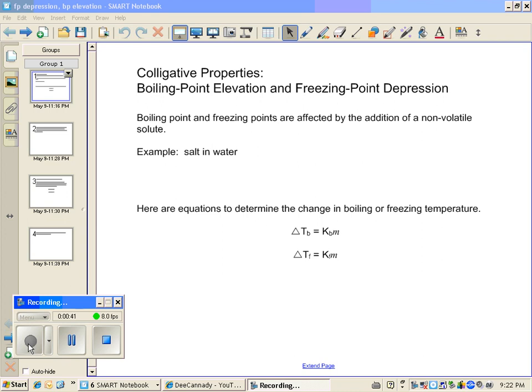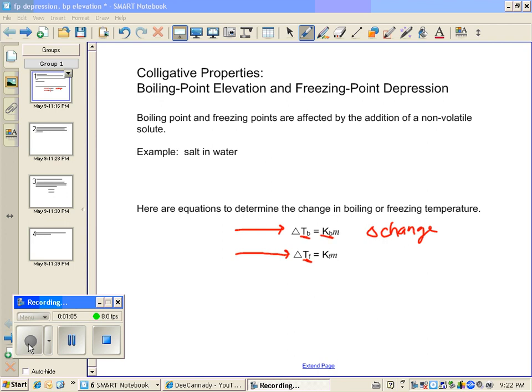Here are two equations that you need to make sure you learn. You need to know this equation right here and this equation right here. The triangle means change in, and the T is temperature. So where I have TB, that's the boiling temperature. TF would be the freezing temperature.